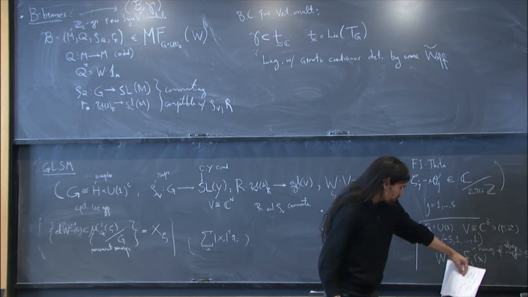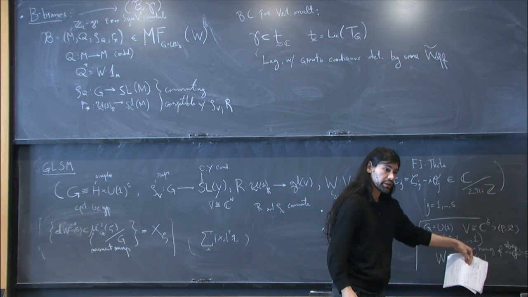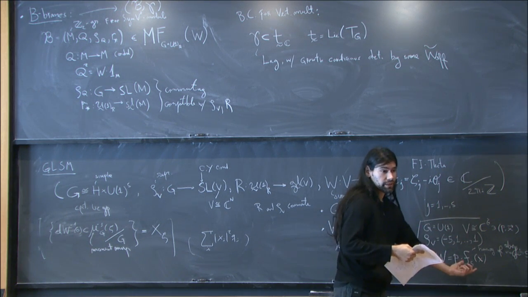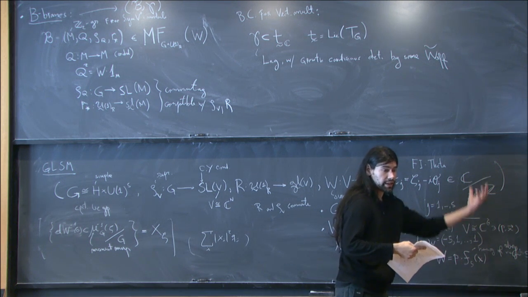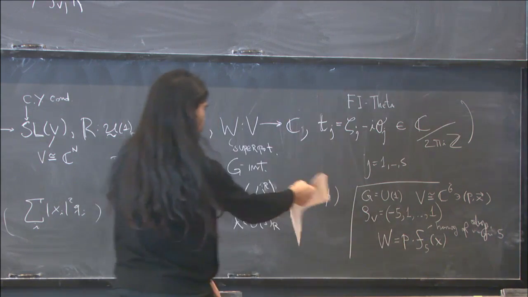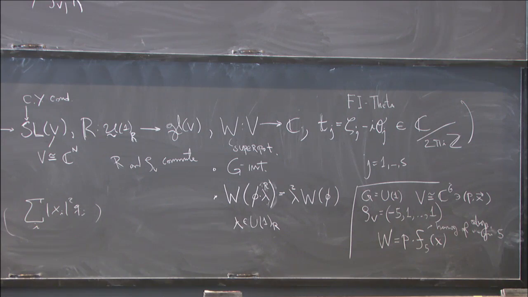And if you take the only critical point of this to be the origin, then you will reproduce the Kähler moduli of the quintic. So that's the most simple example. Okay, we go back to this.